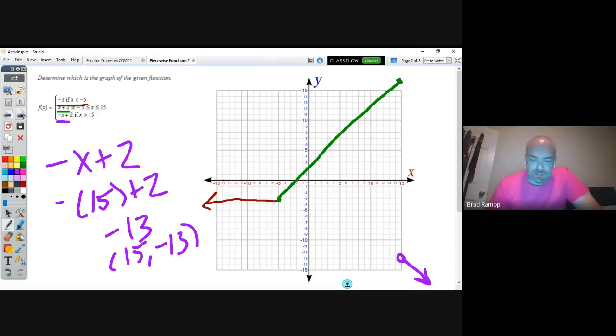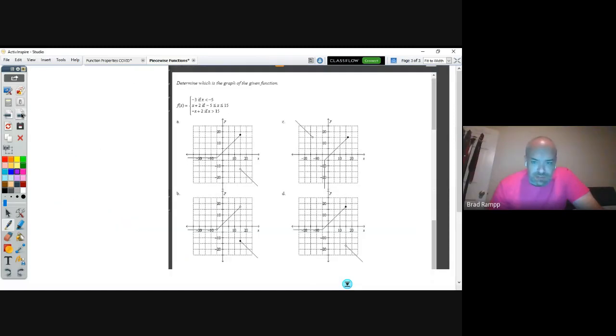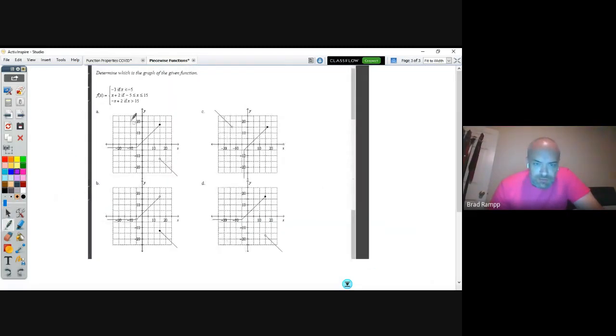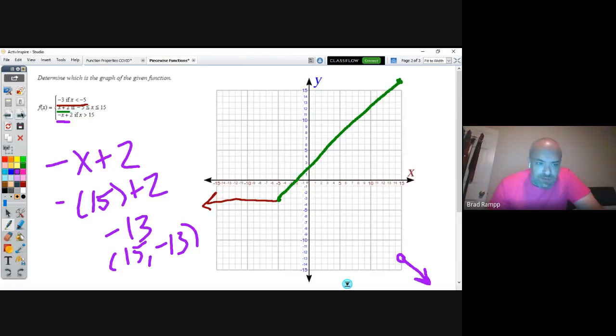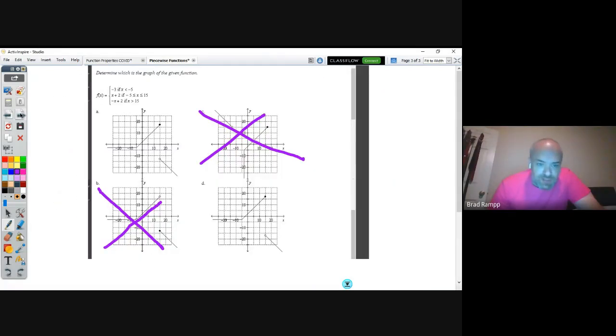So we go to the multiple choice answers and we look for the ones that match. This one looks pretty close. This one is no way close. This one has a solid circle where it should have an open circle, so that's a big clue that that's not it. And remember that last output was 15, negative 13.